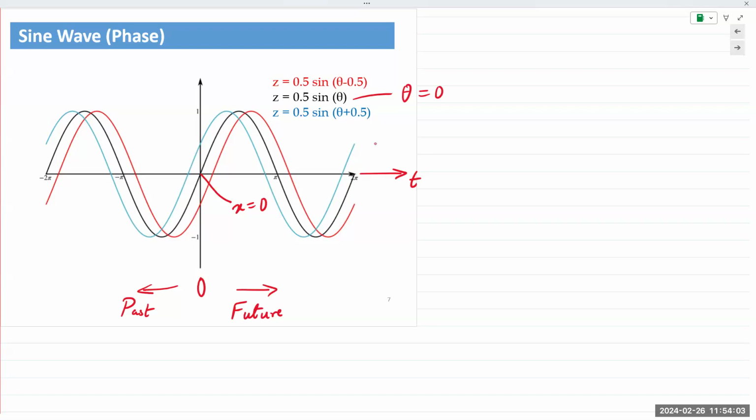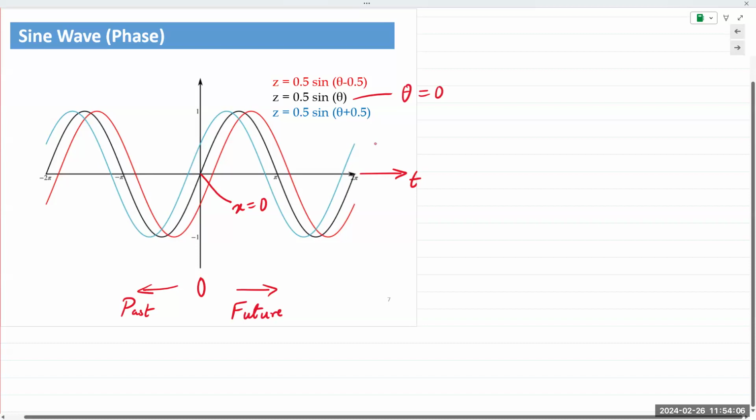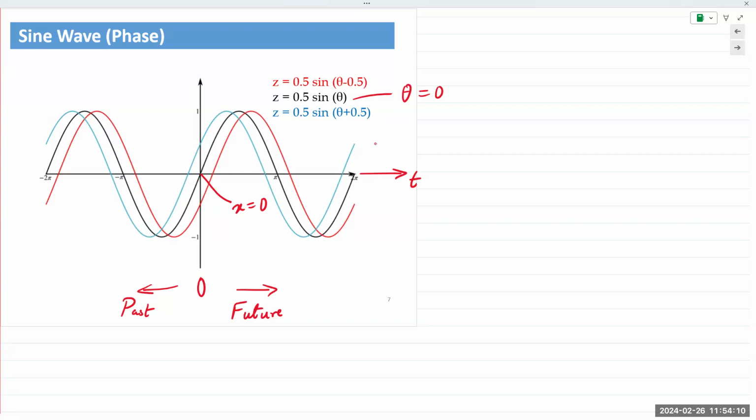So the waveform in blue has arrived before the waveform in black and red. The waveform in blue crosses the x-axis, let's say at -1, right? That moment in time has already passed. It's already beyond x equal to 0. And the moment in time where the red waveform crosses, let's call that +1. It is yet to arrive at 0.